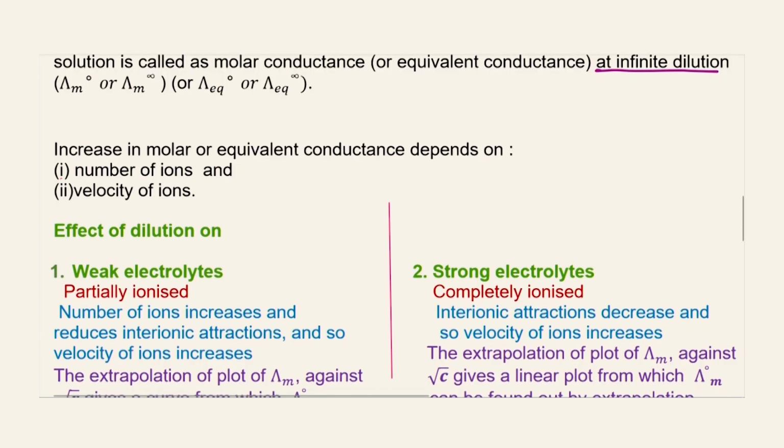Now, the increase in molar conductance or equivalent conductance depends upon two factors, that is number of ions and velocity of the ions, and this velocity of the ions, as you all know, depends upon interionic attraction. As interionic attraction increases, the velocity of the ion decreases, because they will not be free to carry the current, because they are tied up with the interionic attractions. Once the interionic attractions are decreased, they are free to move and they carry current.